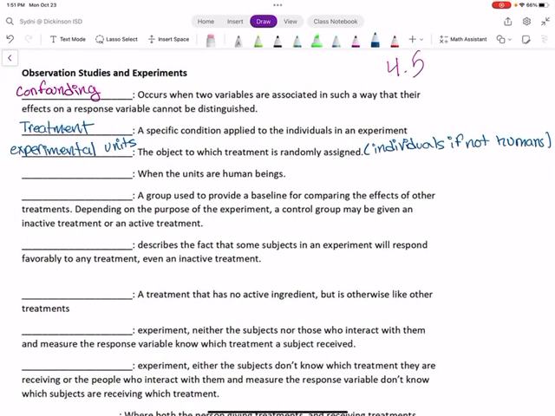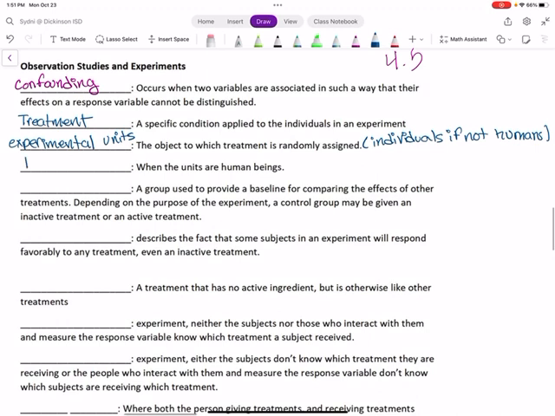Like, that's rude, okay? So whenever you're testing something, and that something that you are collecting data over is not a human, we call them experimental units. When the experimental units are humans, we call them subjects. It's kind of like the royal court. We call them subjects. Not sure why, but that's what it is.